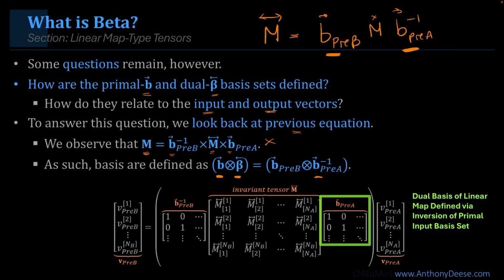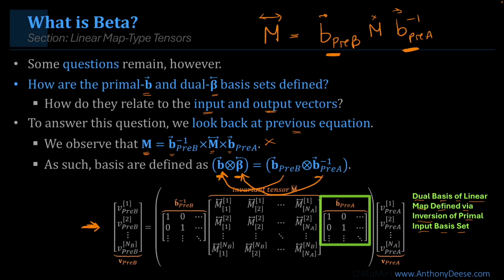All right, and that agrees with this equation down below. So the dual basis of a linear map is defined via inversion of the primal input basis set. This corresponds to this, and this corresponds to this.